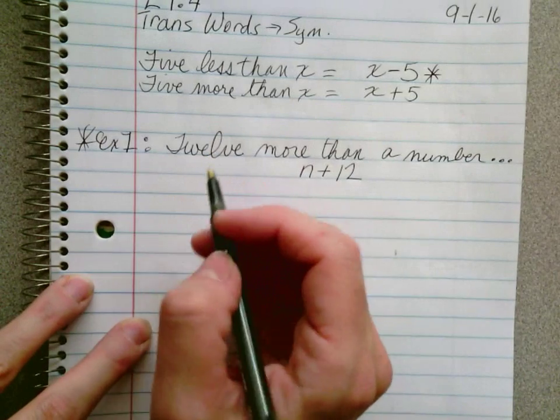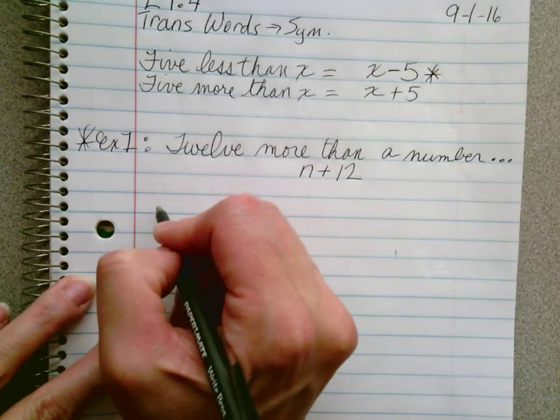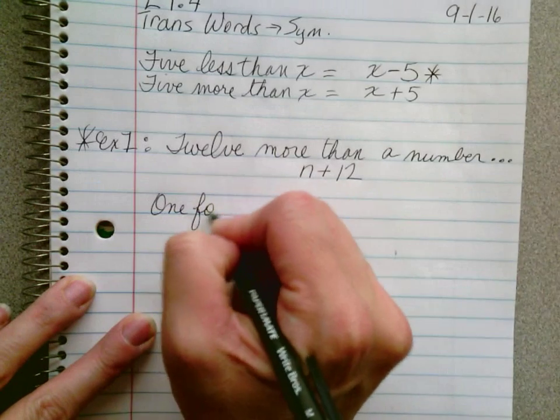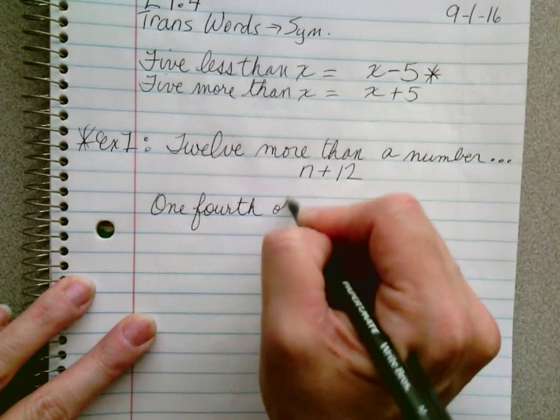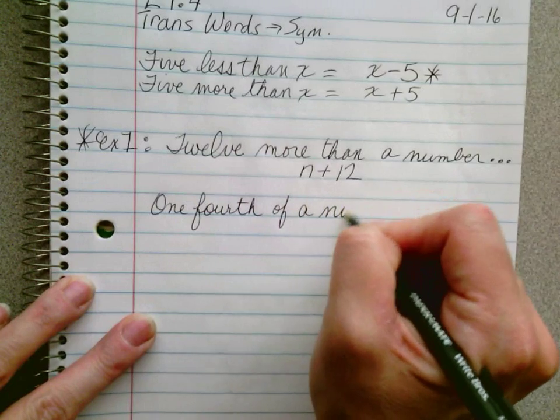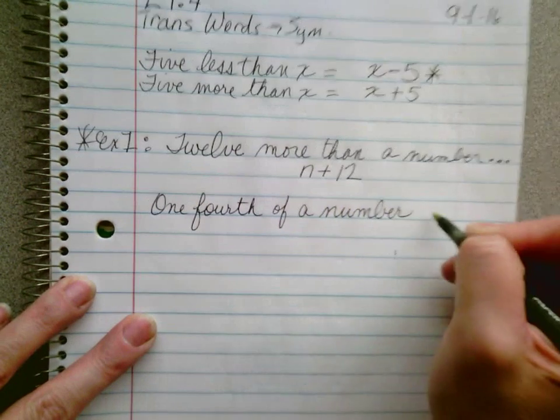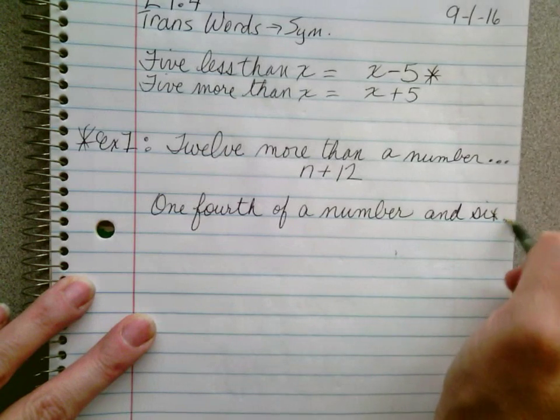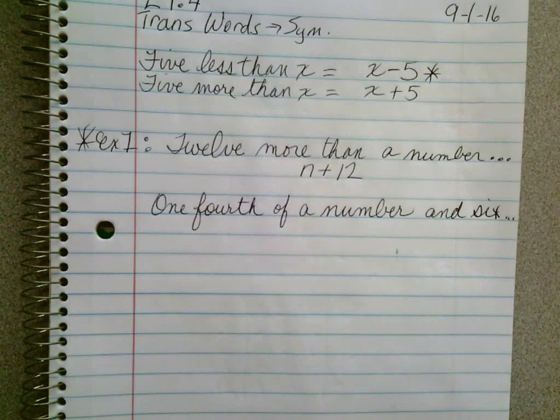And then they get a little trickier. 1/4 of a number and 6. Okay, 1/4 of a number and 6.